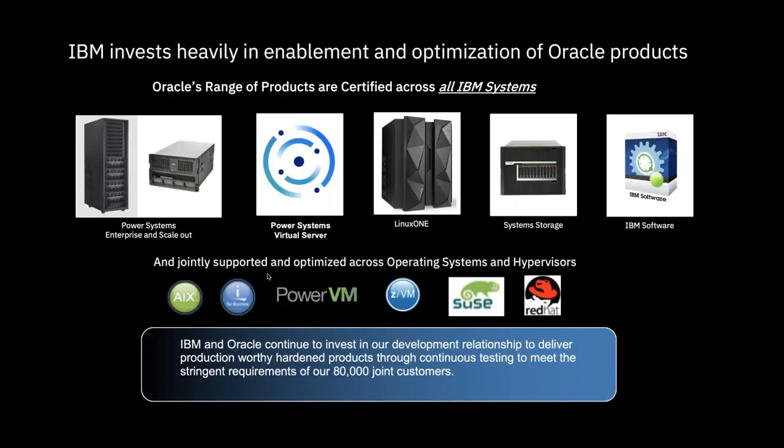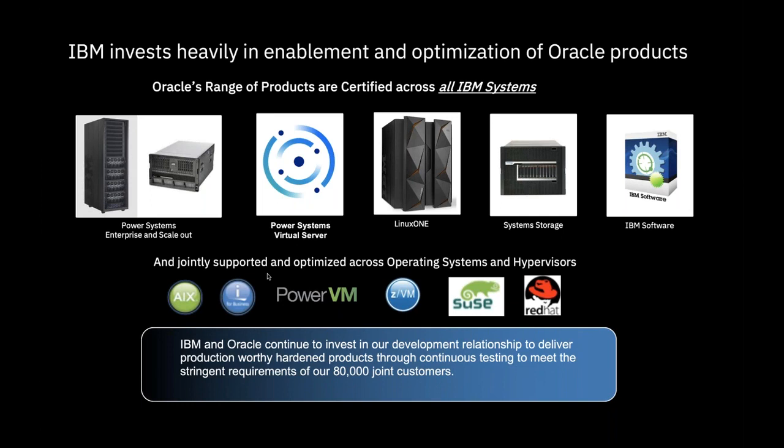IBM and Oracle have been working together for a great many years, something many people don't recognize, and we continue to. The products we work with them on span everything from mainframes running Linux over to Power Systems running AIX, the newly introduced IBM Power Systems Virtual Server, which, if you're not familiar with, is the ability to get access to AIX, System i, and Linux Power Systems in a self-service environment that you may find useful for various tasks, and we'll be doing follow-on materials on that.